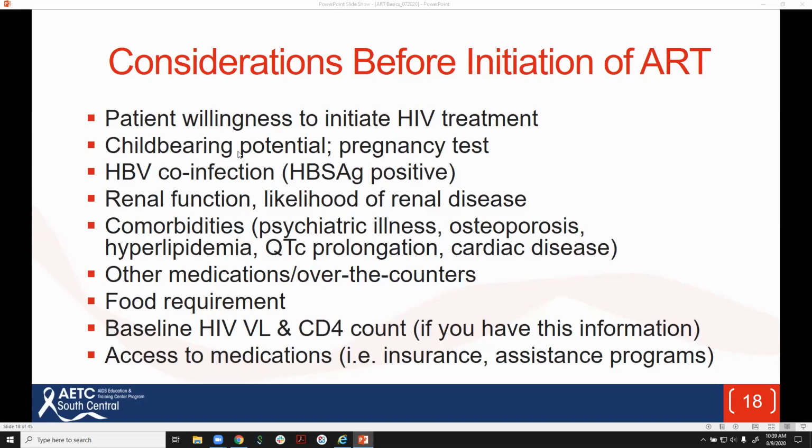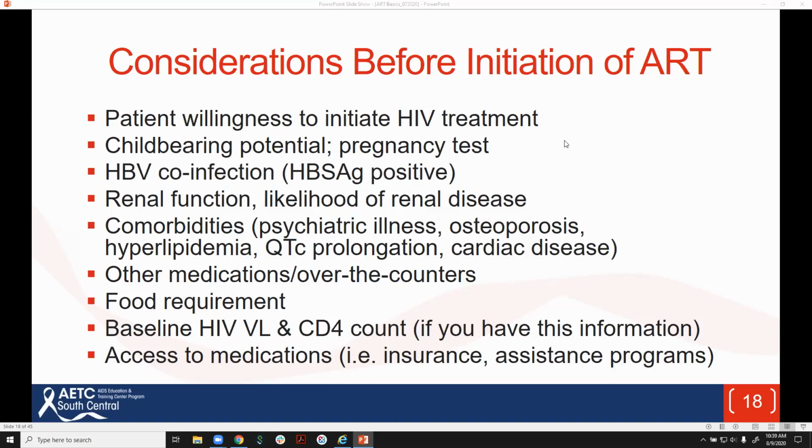We also want to know about childbearing potential, with pregnancy tests for women of reproductive age, because it may change our conversation about what medications we would want to use. I talked about why we would want to know if someone had hepatitis B, and so we check to see if they're hepatitis B surface antigen positive or not. Many of the medications are metabolized by both the kidney and the liver, so I want to know what someone's renal function is and the likelihood that they would have renal disease.